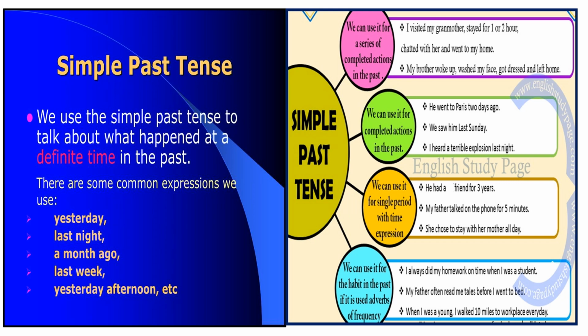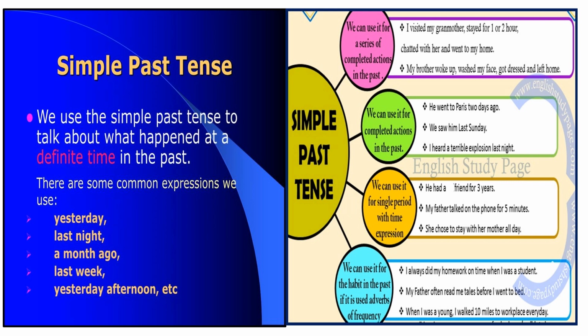I visited my grandmother, stayed for 1 or 2 hours, chatted with her, and went to my home. So which means here you have 1, 2, 3 and 4 actions which are completed, isn't it? The second one, my brother woke up, washed my face, got dressed and left home. Is this clear, children?